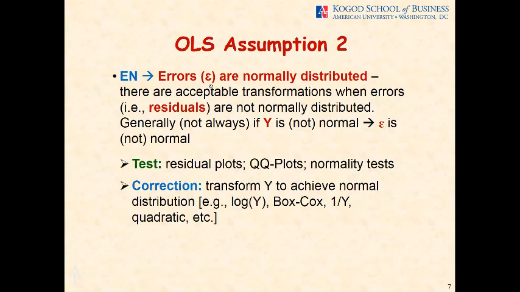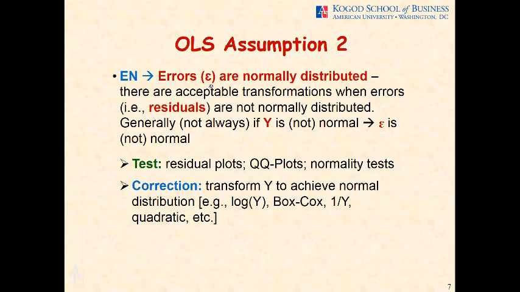If it's not normally distributed, we can still run the regression, but we need to inspect the residuals carefully. And chances are that if y is not normally distributed, the error will not be normally distributed. So it will be important to test that the errors are normally distributed.